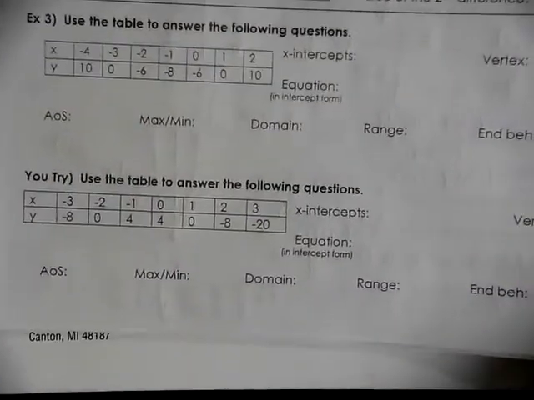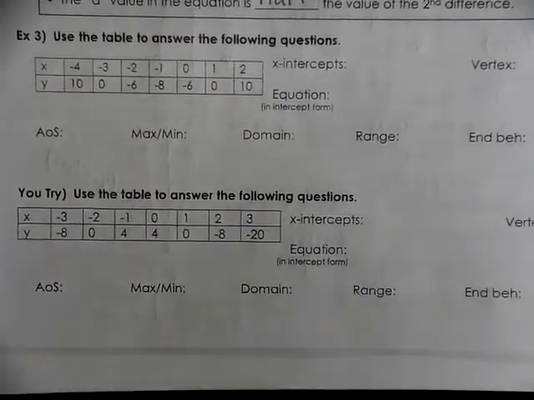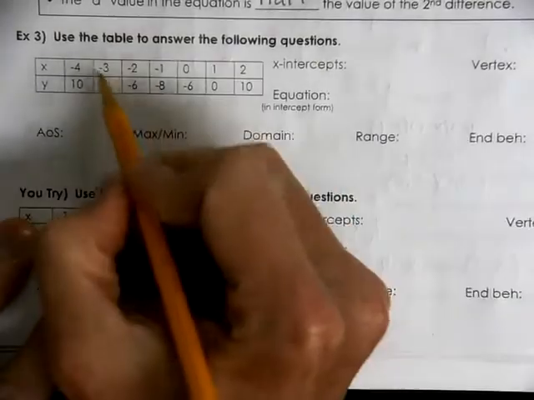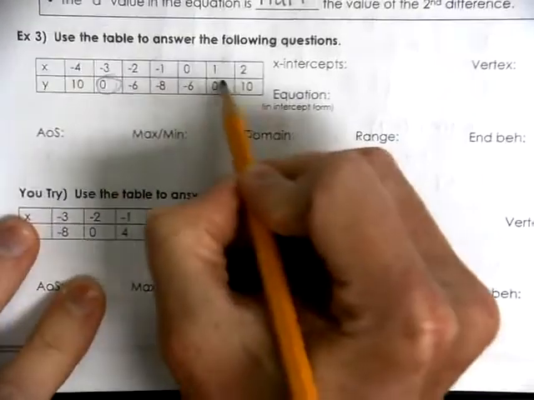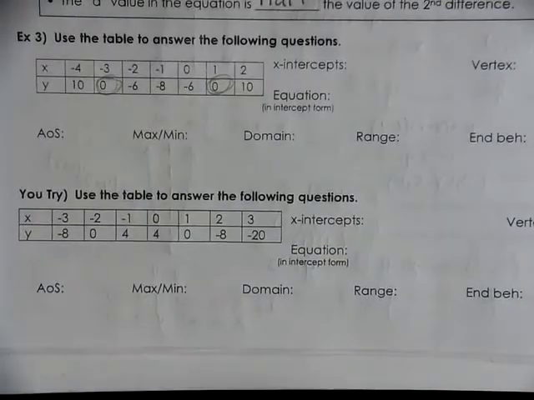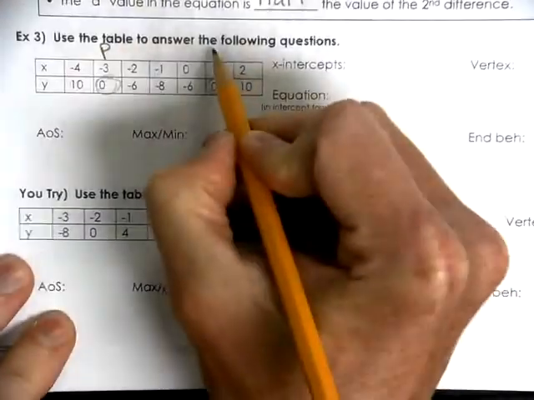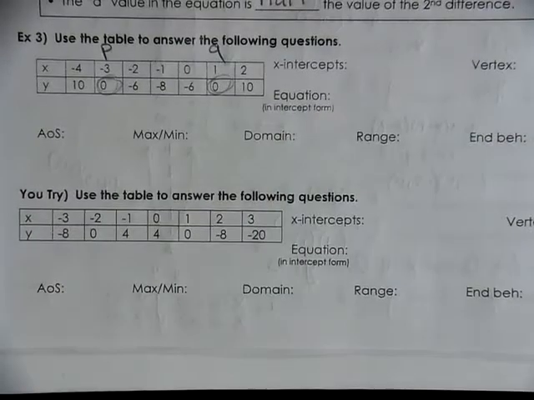So now you already know how to do this. You can handle this. Here is where y is 0. So this is your p, this is your q. So we know what our p and q are.